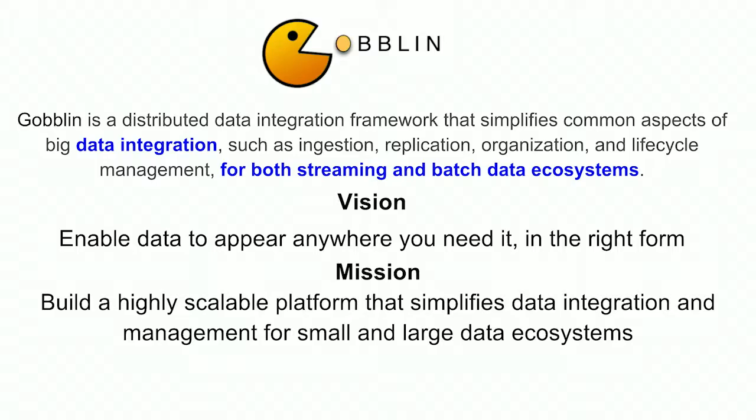In terms of our vision, we want data to appear anywhere in any form that you want. And we take that vision and we try to work out everything that we built around that. And similarly, our mission is also to build a highly scalable platform to simplify data integration and data management for small and large data ecosystems.